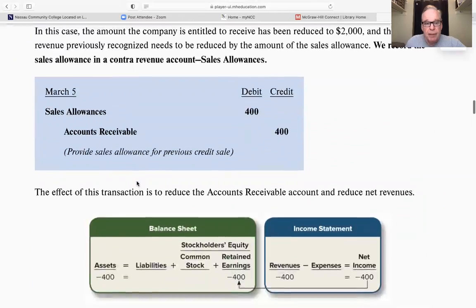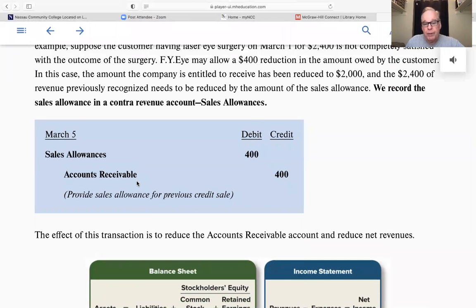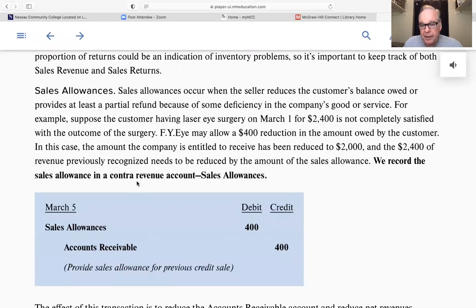Right? Now, here's an example of sales allowance with the surgery. Now, if you read this thing, and again, this is why this example just kind of gets to me, because I don't think I could ever see anything like this happen in real life, but it looks to me like the customer that had the eye surgery went back there and wasn't happy with the surgery. Well, how can a doctor take back surgery? Right? I mean, once it's done, it's done.